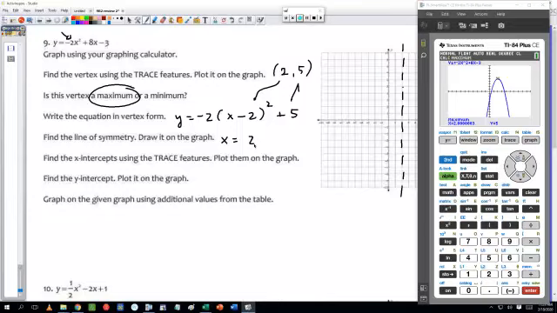Find the x-intercepts. Since they're not nice, we will do that using our fancy menu, the zeros button. Move the cursor to the left of that first one. Move it to the right. Hit enter on guess. And there's one of your x-intercepts.